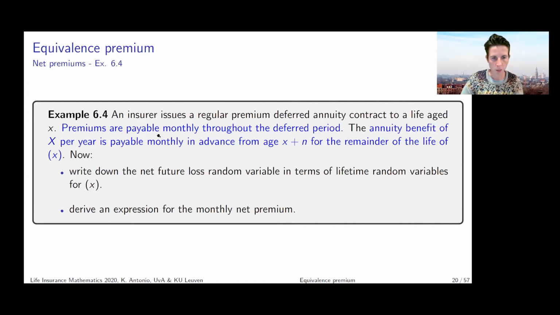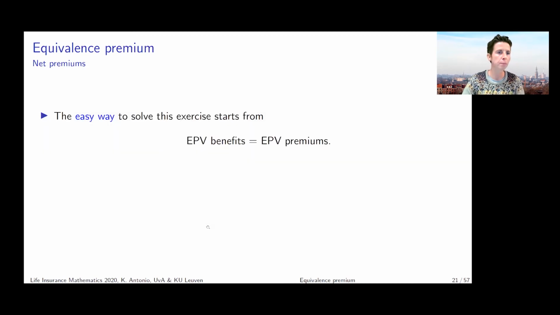But if you look at the premium, the question is about calculating the monthly net premium. So if you say P is the monthly premium, then we pay 12 times P throughout 1 year. So be careful with what the symbol exactly means. Does the symbol refer to the annual amount paid, or does the symbol refer to what you pay every month? Because if you mix up, then your answer is probably going to be wrong if you don't have that crystal clear.